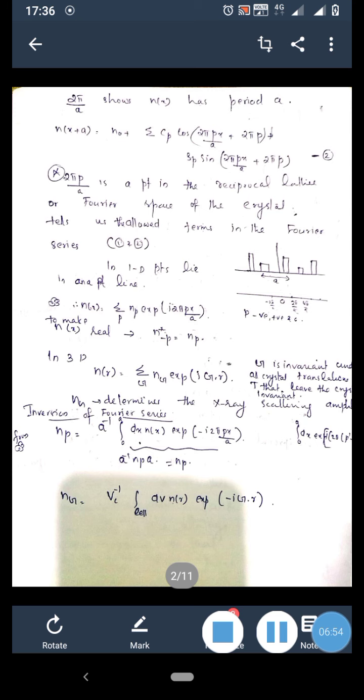Suppose we are converting the original crystal into the Fourier space, then the possible values which are consistent with the Fourier expansion with the crystal translation vector will be the reciprocal lattice points.